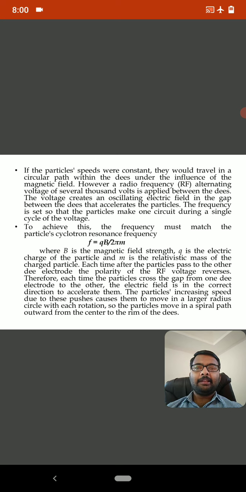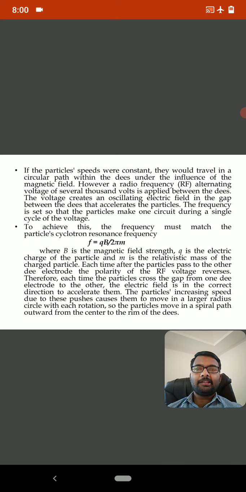The frequency of the radio frequency generator is set so that the particles make one circuit along a single cycle of the voltage. So in that order the frequency is set. To achieve this condition, for the acceleration purpose, we apply the radio frequency alternating voltage.